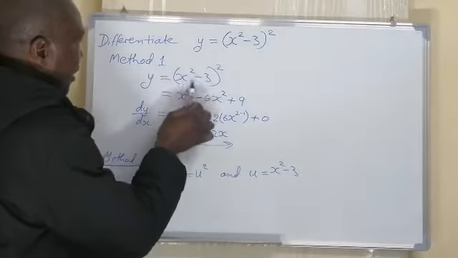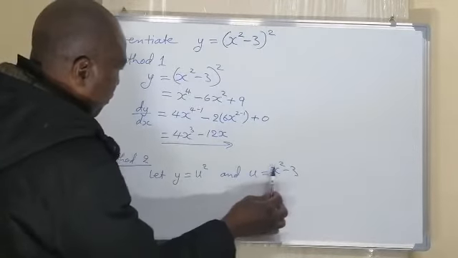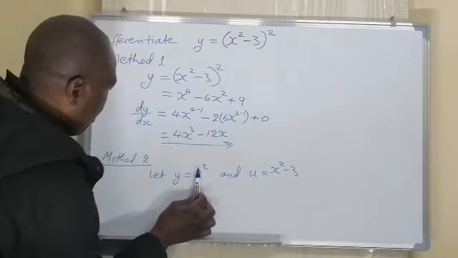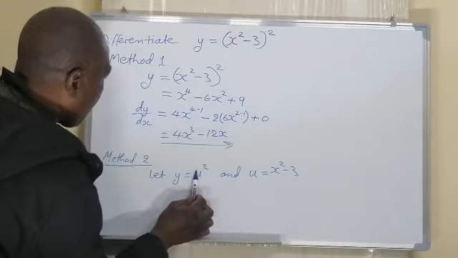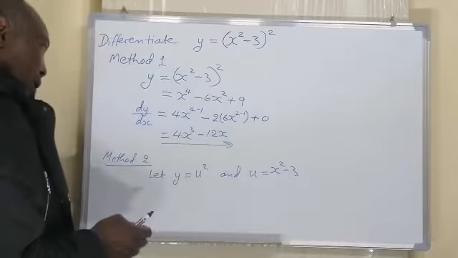So this expression is u, and we square it, right? u squared, because y is equal to u squared, and then u is represented by that.